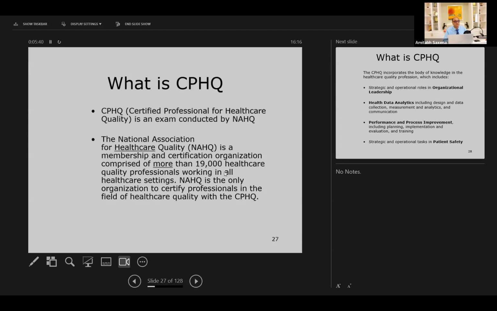Okay, so CPHQ is an exam conducted by NAHQ, and if you pass the examination, then you will be certified as a CPHQ. By the way, if you attend our training program, you will get the certificate as certified healthcare quality expert.